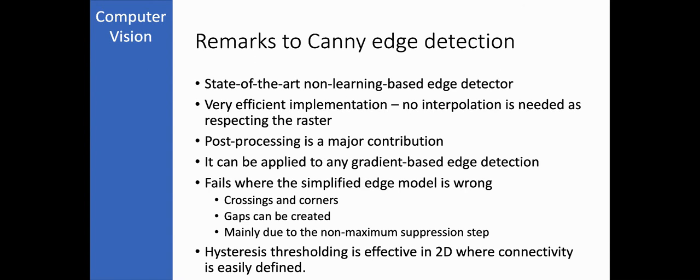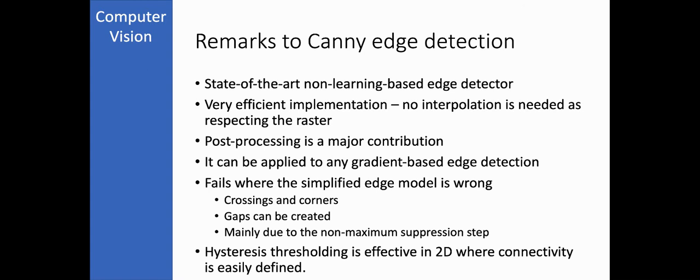The post-processing, if you think about it, is the major contribution here, because the entire signal processing derivation led to simply using differences of Gaussians. It can be applied to any gradient-based edge detection. So instead of the difference of Gaussians, you could use a binomial filter or Sobel mask. That's completely fine as well.